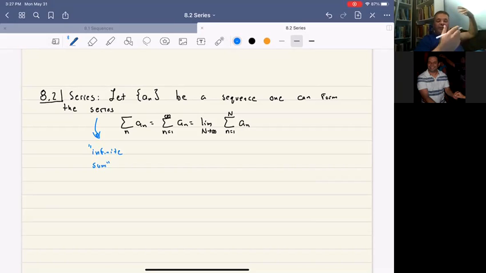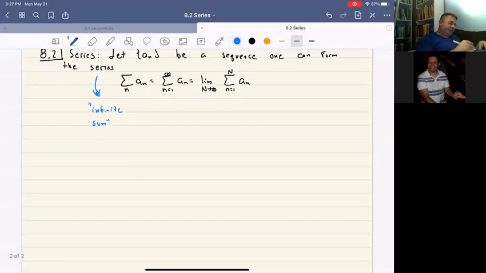So let's do a quick example. We've got our arithmetic series. We won't spend too much time on this series because it's not really interesting.